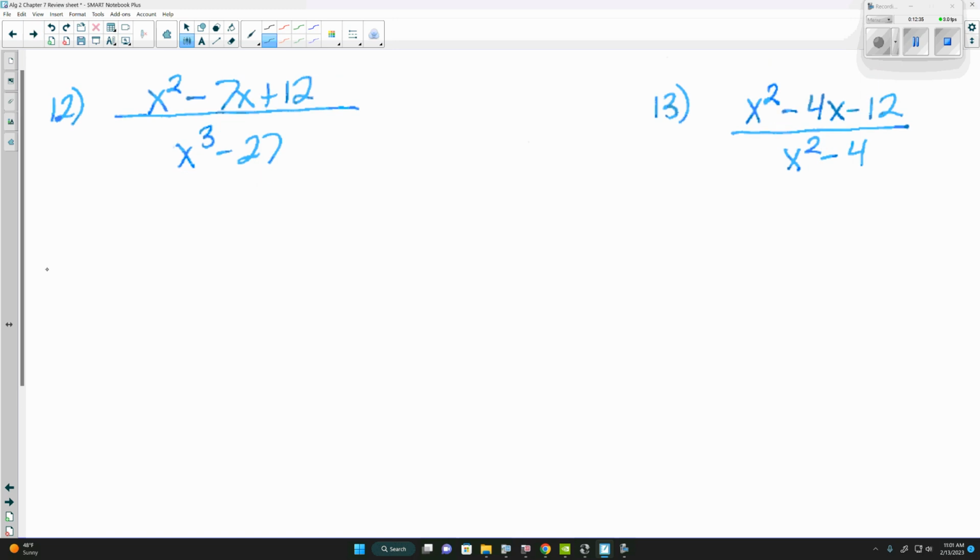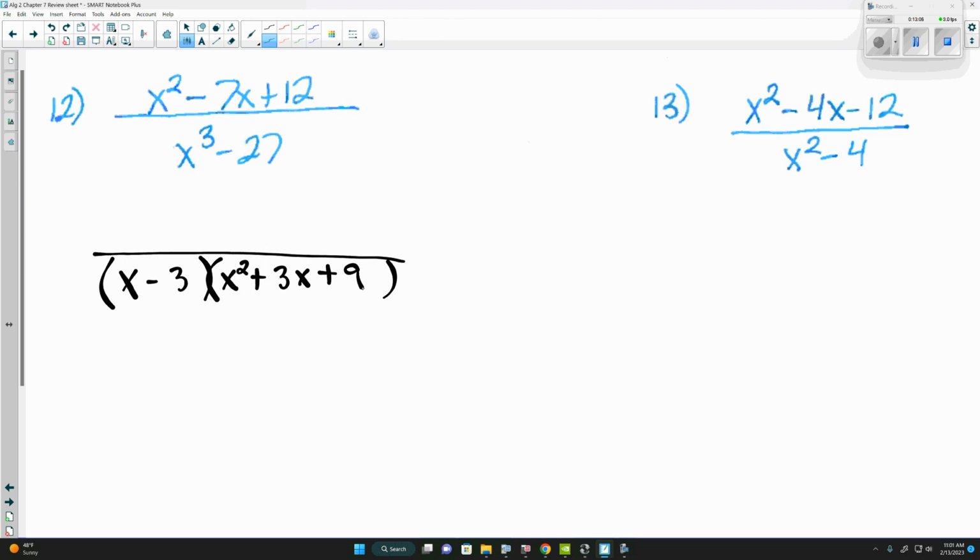However, we will look at number 12. Incidentally, difference of perfect cubes is not going to show up on the test. So I'll go on and give you that there.